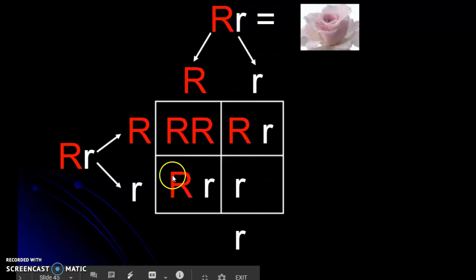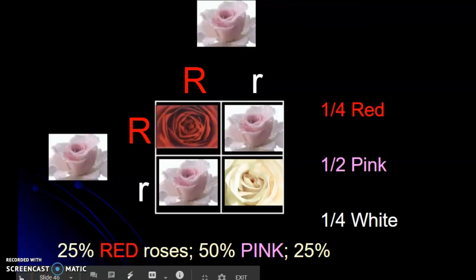It's just how you read the colors instead. So this looks just like the carnations did before, but when we actually look at the phenotypes, every one that was big R, little r is pink. So we get an extra color in there. So half of them are going to be pink, 1/4 are white, 1/4 are red. So that's referred to as incomplete dominance.